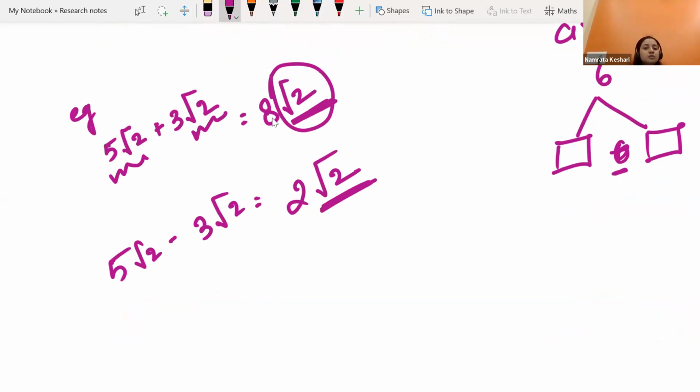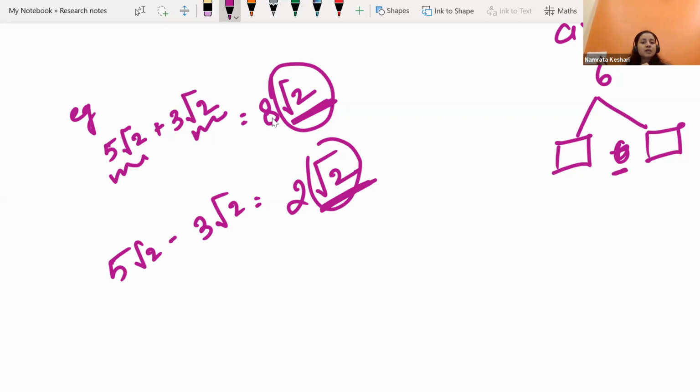Yes or no? Yes, ma'am. Okay, if you need root 3, root 5, root 7, two such numbers added together must generate 3 root 3. So both the numbers must have root 3, then only adding both of them will give root 3 in the result part also.